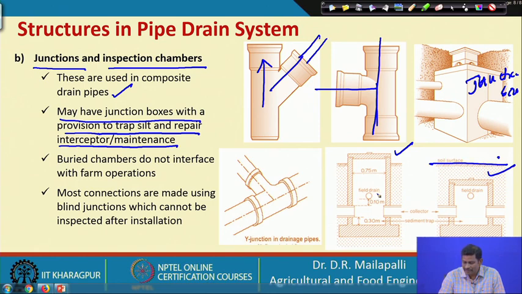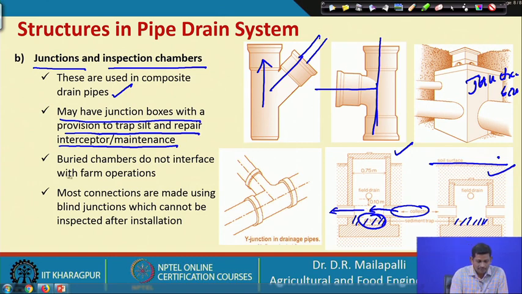Here, about 0.3 meter is left below the collector. This portion will be used to collect the sediments, so it is called a sediment trap. Whatever sediments are present inside the drainage water will be settled here. Then the clean water will leave the junction box.